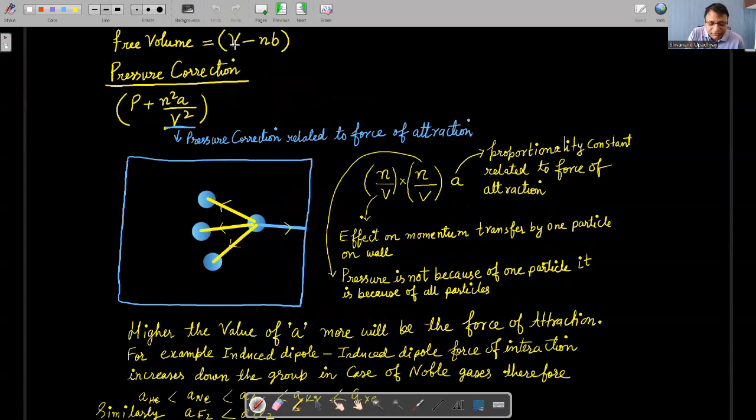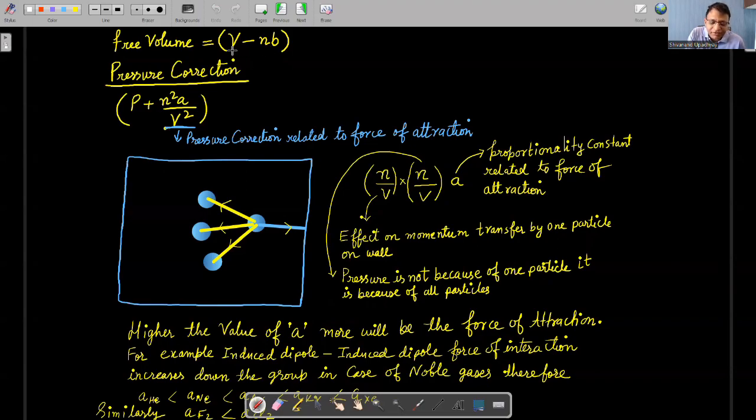And before discussing pressure correction, I want to say that B is related to size, because B is equal to 4 into 4 by 3 pi r cube into Avogadro number. Here r is related to the size of the real gas molecule. So B is related to the size of the gas molecule.